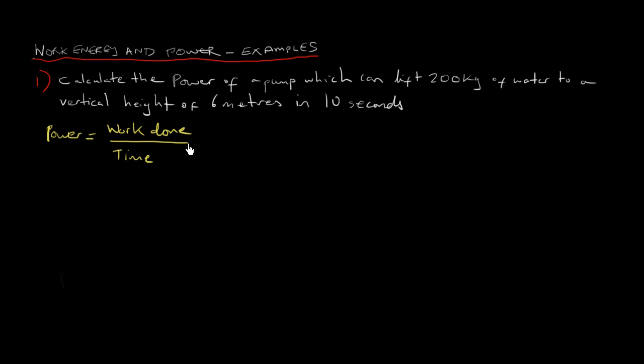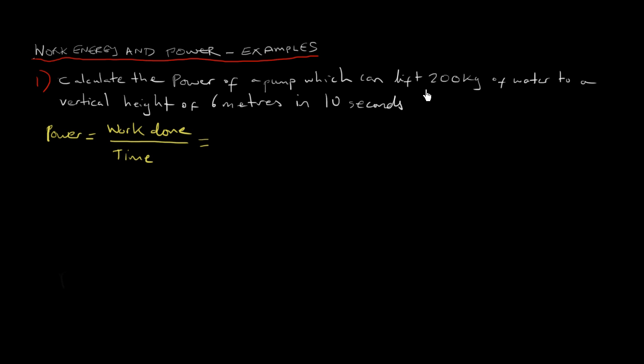Work done in this case is going to be the amount of energy that is transferred to the water, and since we're moving vertically, the water will receive a change in its gravitational potential, and the increase in gravitational potential will be exactly the same amount as the work done.